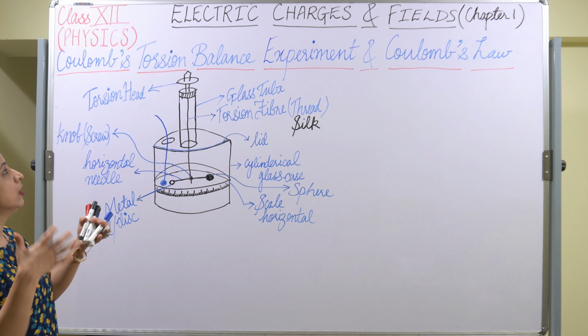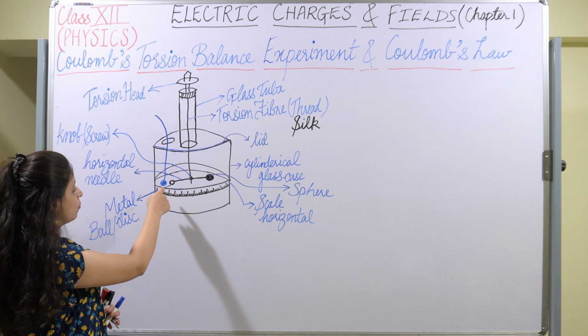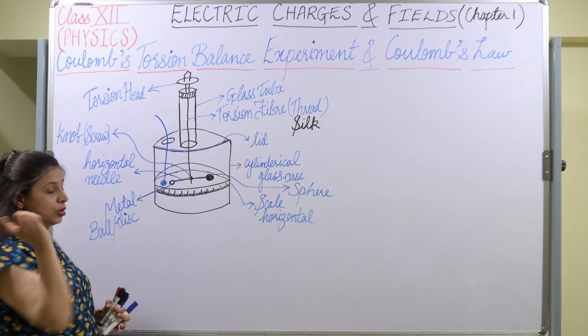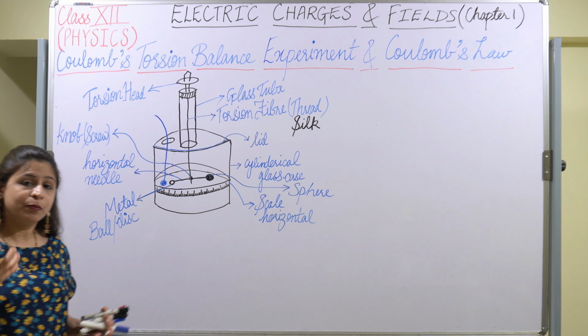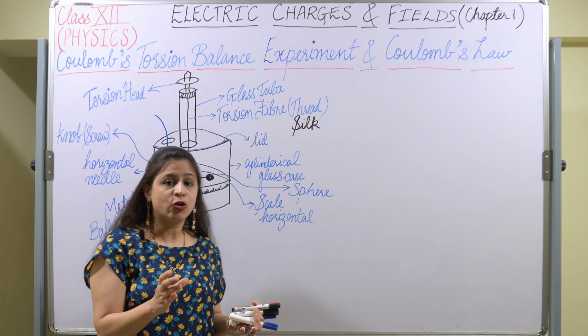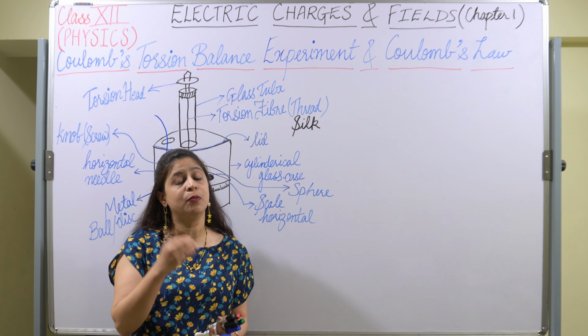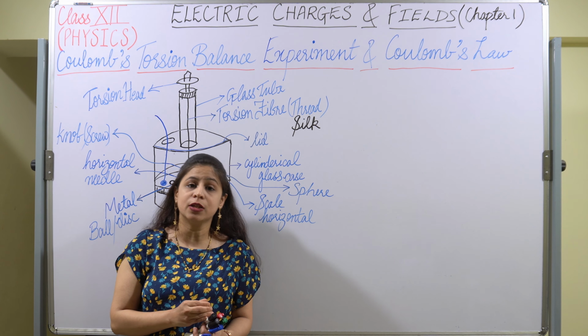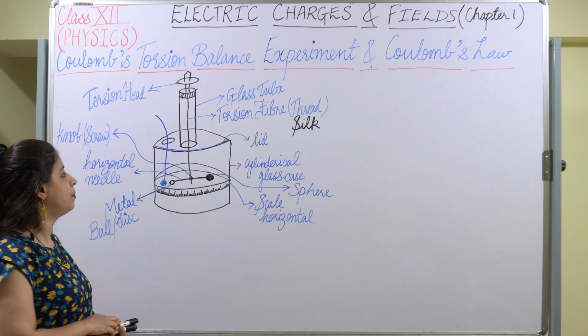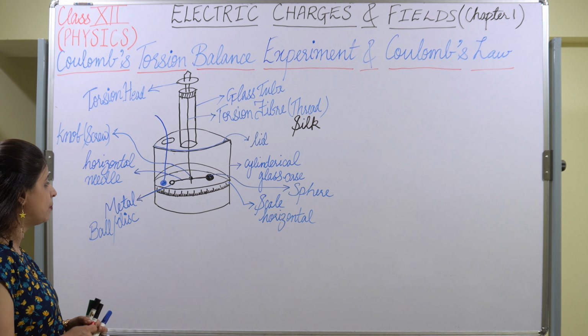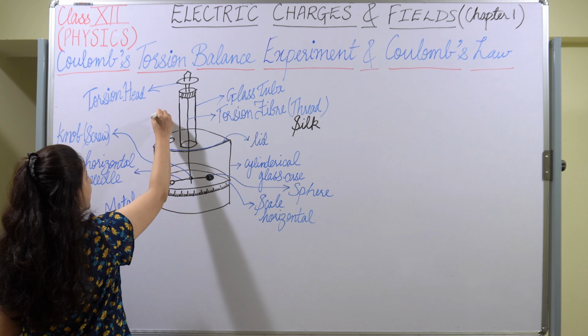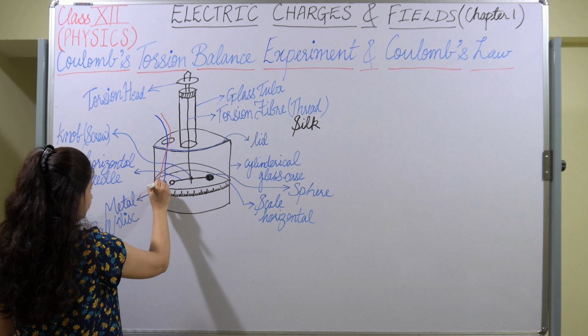Then Coulomb took out the sphere and brought it in contact with the positive charge, and then again placed the sphere through the hole.